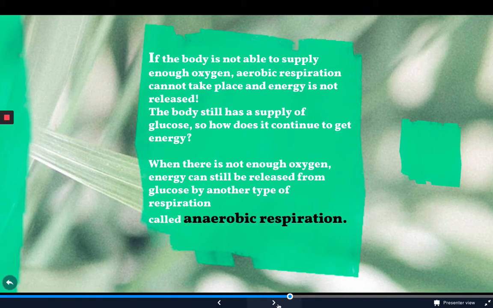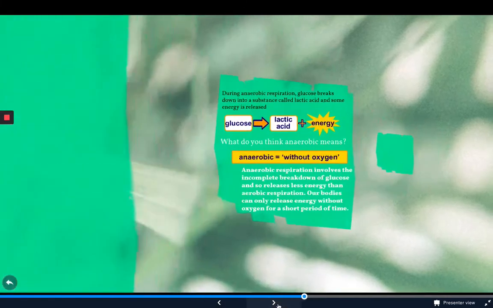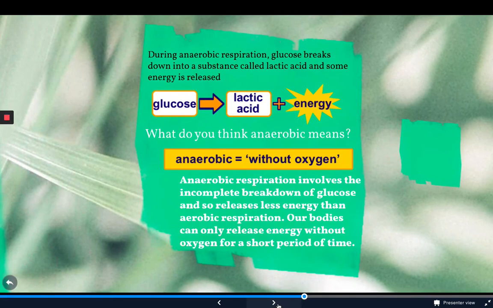When there is not enough oxygen, energy can still be released from glucose by another type of respiration called anaerobic respiration. During anaerobic respiration, glucose breaks down into a substance called lactic acid and some energy is released. So glucose is broken down to lactic acid and a little bit of energy.